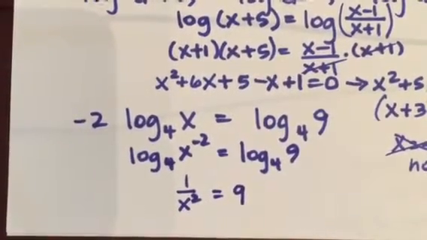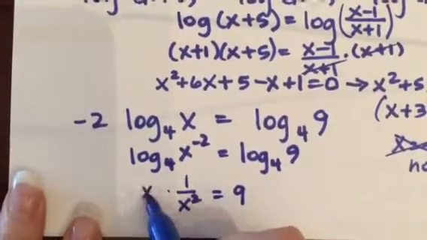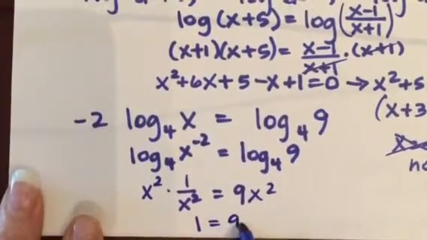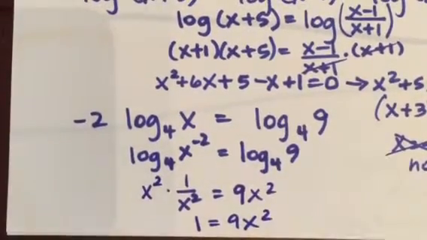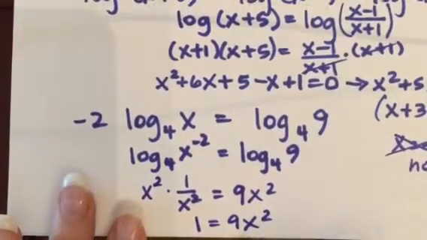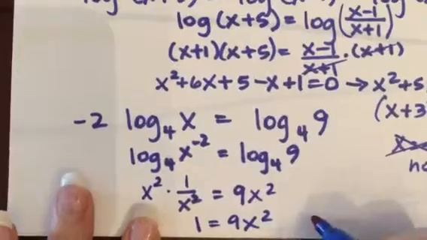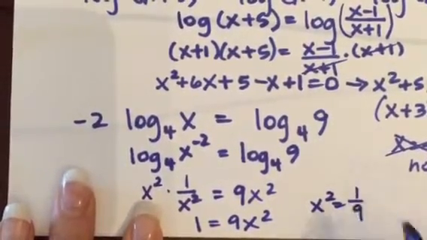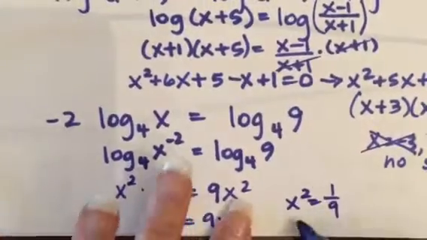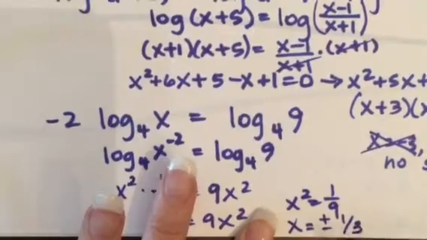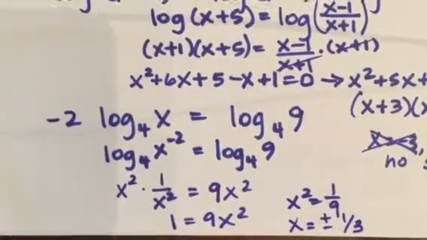All right, so we, again, don't like this rational expression. Let's multiply both sides by x squared. And we have 1 is equal to 9x squared, which we can then solve by dividing by 9 and taking square roots. So I think we would get x squared is equal to 1/9. And then x is equal to plus or minus 1/3 when I take the square root of both sides.